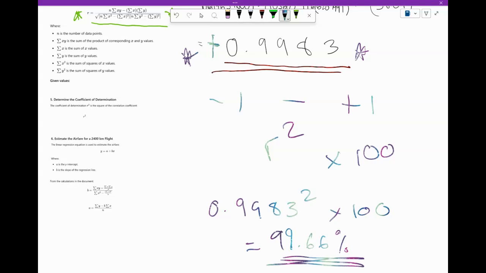Because remember, it's not only that you must calculate these things, you must be able to tell us what the information is telling us. Remember, stats is all about, we've got the data, we've analyzed the data, what is the data telling us now? So she said strong association, which is correct, but there's more that we can share in relation to that.